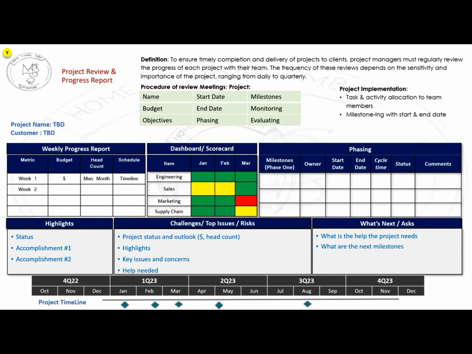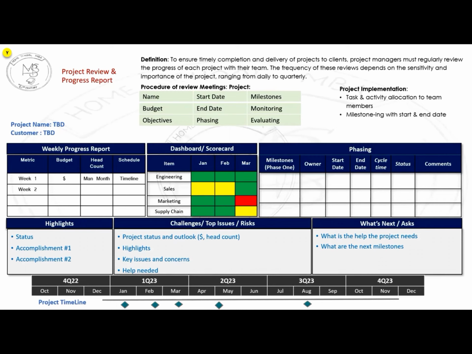Project managers must regularly review the progress of each project with their team. The frequency of these reviews depends on the sensitivity and importance of the project, ranging from daily to quarterly.